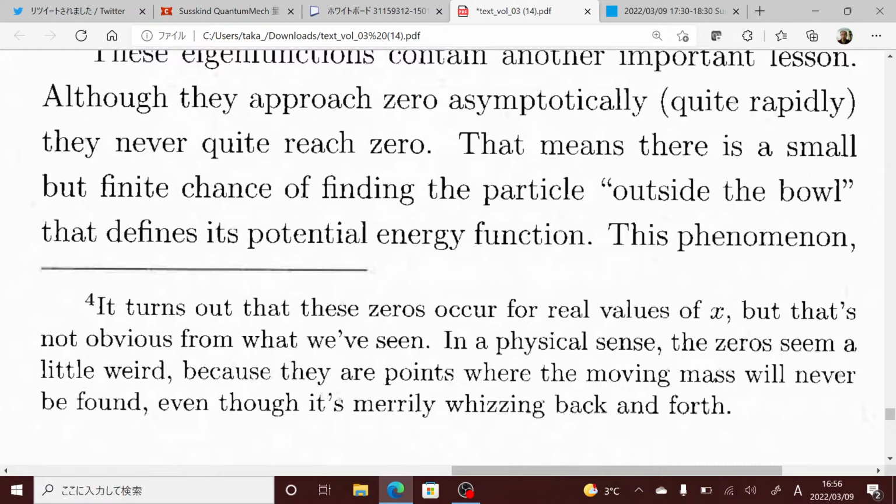It turns out that these zeros occur for real values of x, but that's not obvious from what we have seen.